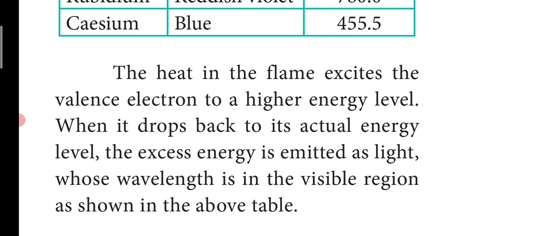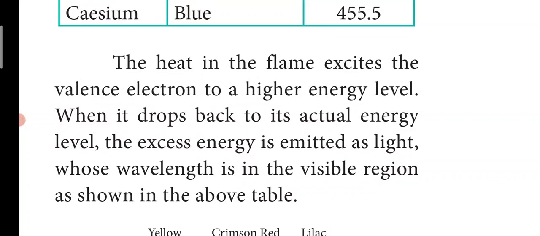The heat in the flame excites the valence electron to the higher energy level. When we heat, the electron jumps from the lowest energy level to the highest energy level. After jumping, it drops back from the highest energy level to the lowest. When it comes back to its actual energy level, the excess energy is emitted.